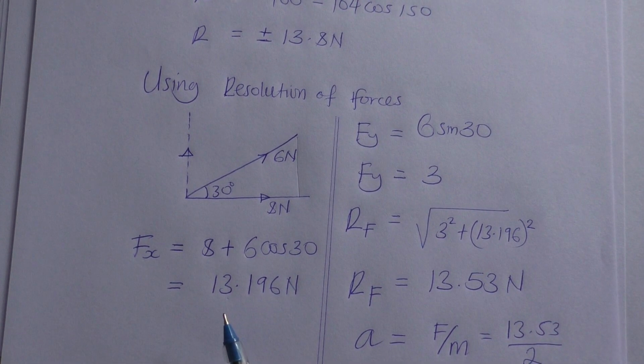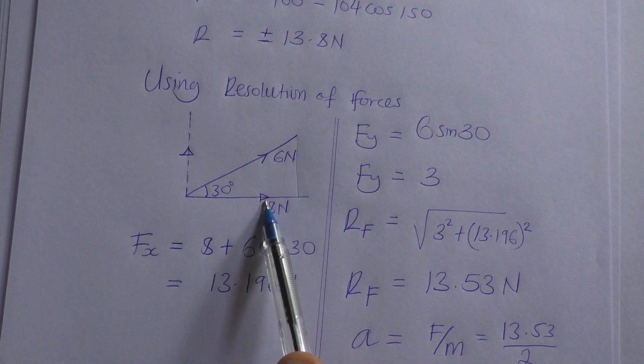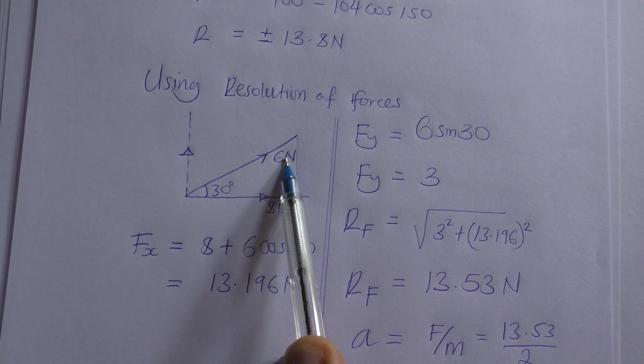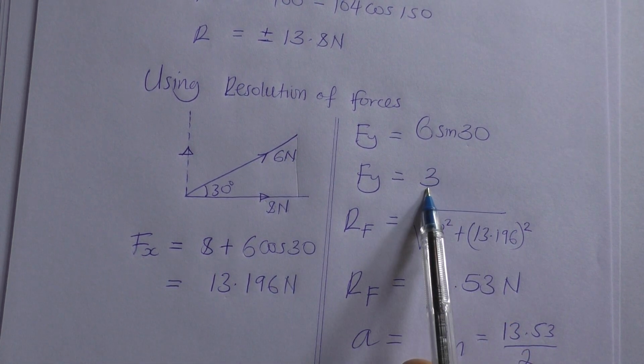Then we also find the vertical component. Since 8 is acting horizontally, it has no vertical component. But the 6 newton has a vertical component, which is 6 sine 30, hence giving us 3.